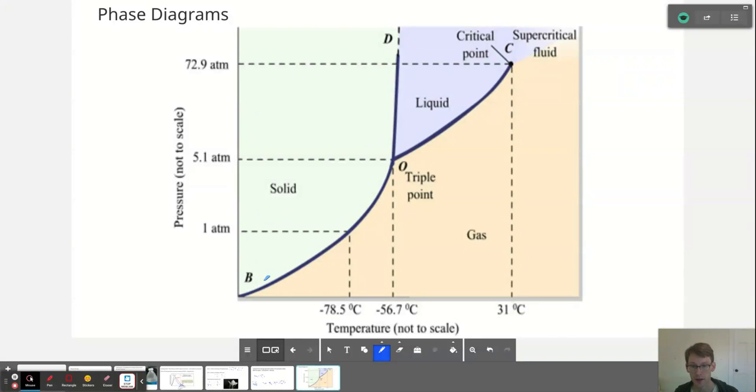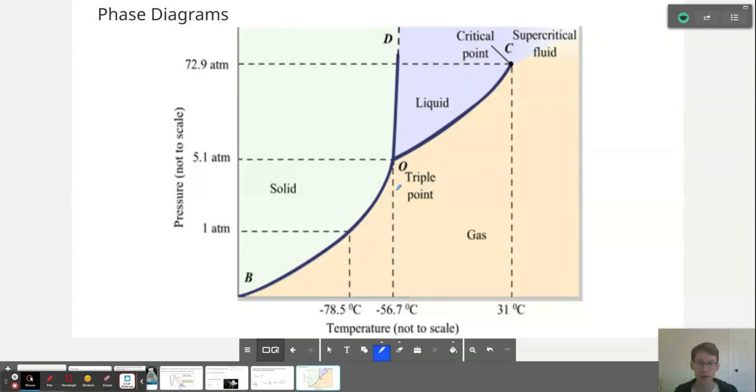So notice this area where it says gas, you can have something at negative 78 degrees Celsius, whatever the substance is, and still be in the gas phase if the pressure is less than 1 atmosphere. If the pressure is more than 1 atmosphere, it will be solid at negative 78 degrees Celsius.